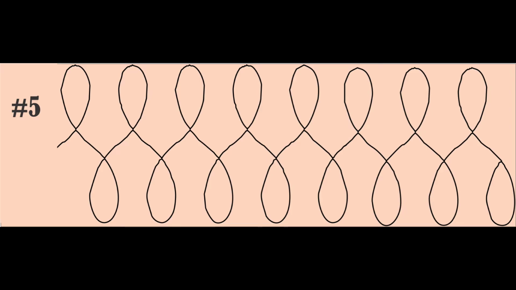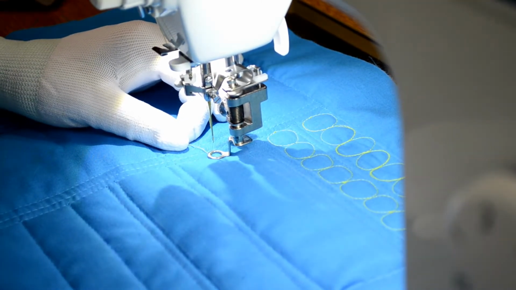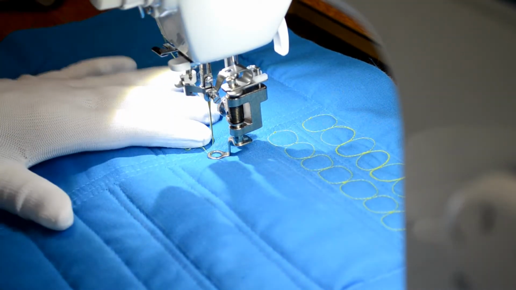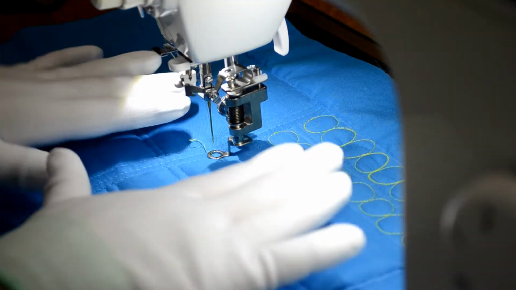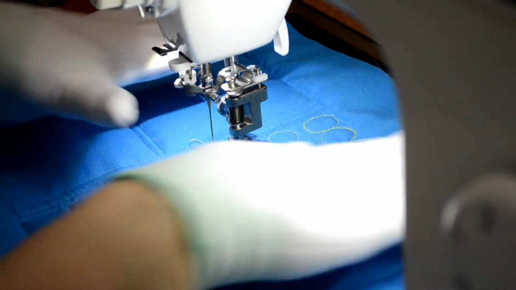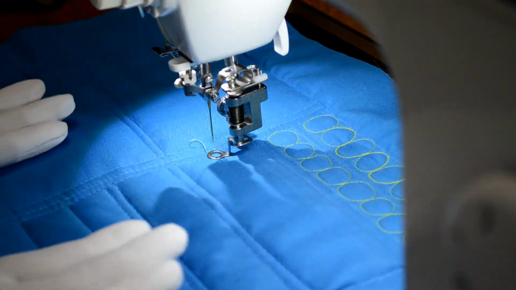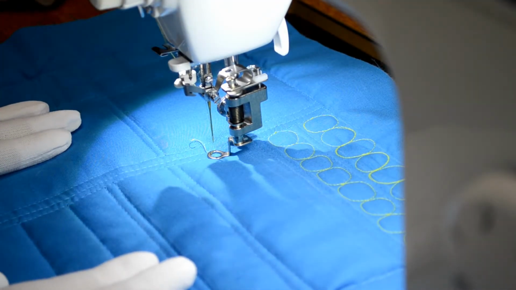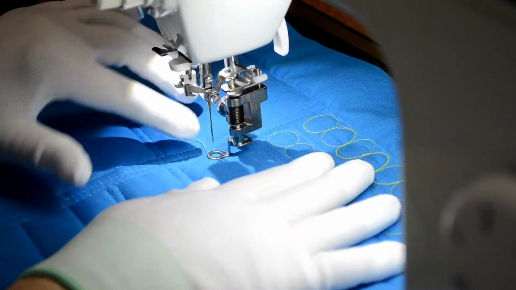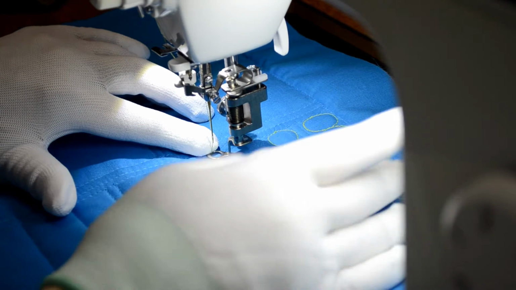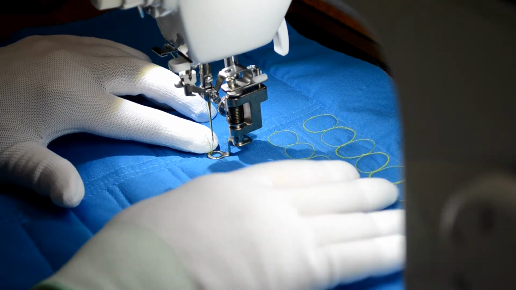Stitch 5. The next stitch that we're going to do is called the wishbone stitch. You want to make sure that your fabric is straight up and down to you. And we're going to start in the middle of the area that we're going to be stitching in.